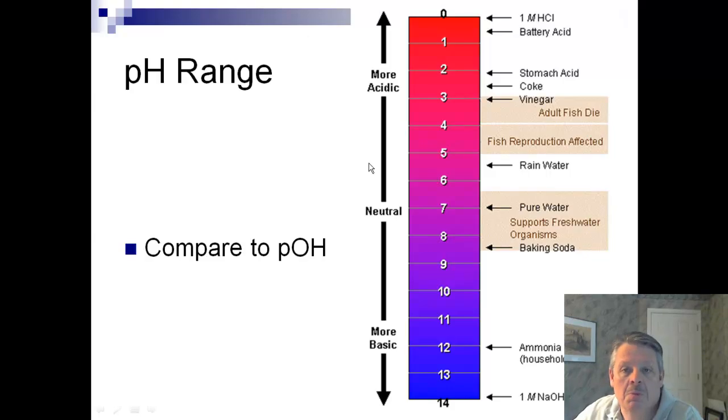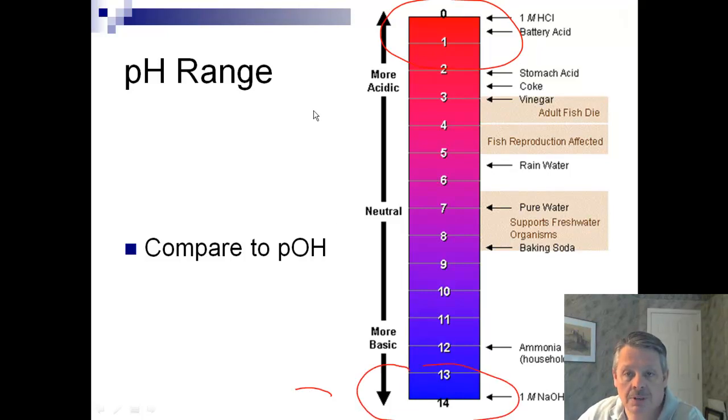So, remember, in your pH range, the more acidic you have, the lower your number is. And down here, the higher your number is for more basic. So if I'm looking at my pOH, and my pH happens to be 4, right? Then my pOH is going to be, what do you think?